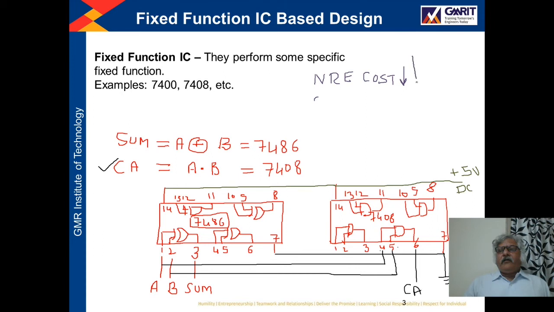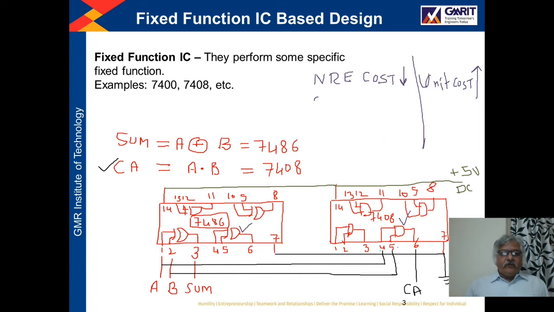here I will write unit cost. Now unit cost will be more. Why is it more? Because two components you have to purchase, one 7486, one 7408.